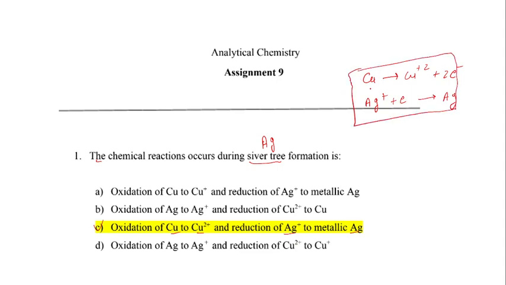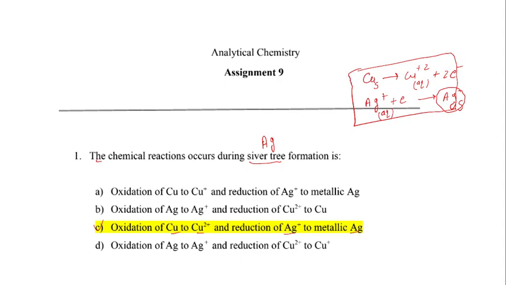Silver is going solid because silver is gaining one electron and converting into metallic silver. Initially it was copper solid, but now it is oxidized and is in aqueous form. Initially Ag was in aqueous form, but now it is gaining one electron and converting to solid.